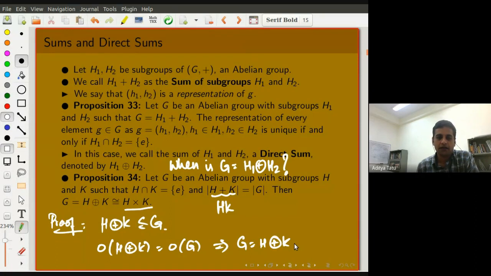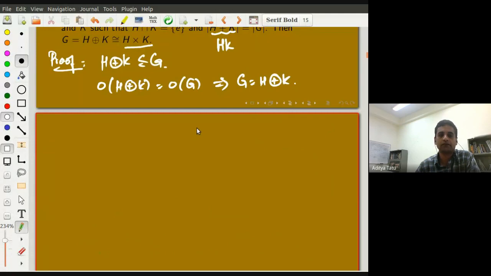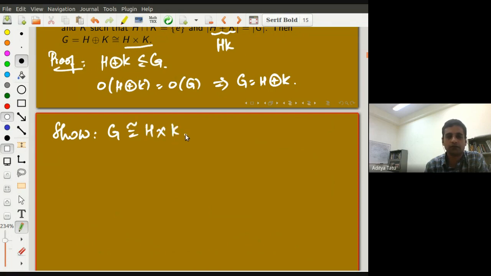And how about the second part, to show that G is isomorphic to the Cartesian product of H and K? So what would be the isomorphism? I think it's easy to see. What elements would you have in H cross K? They would be tuples of this form, right?